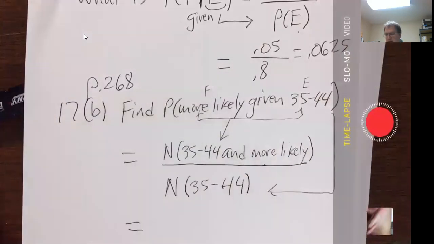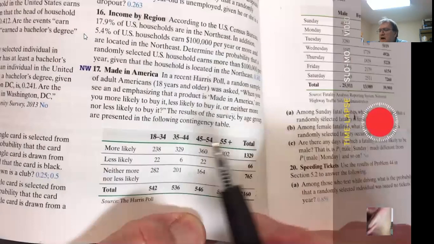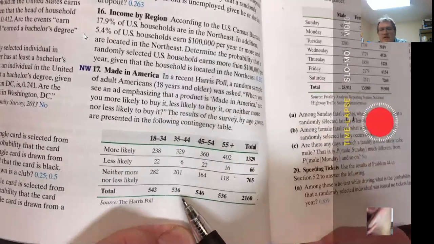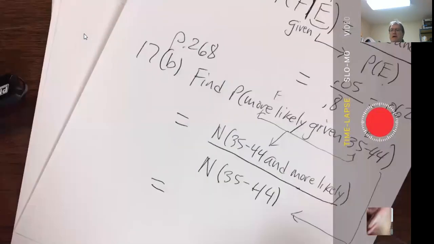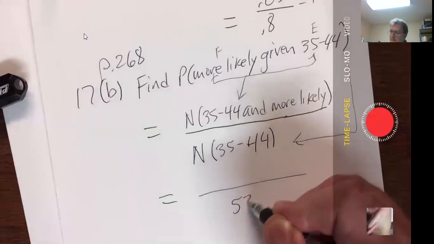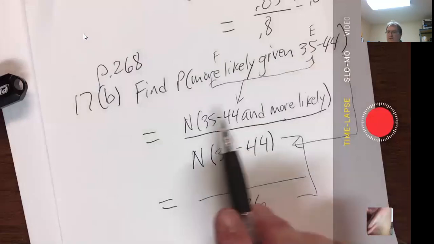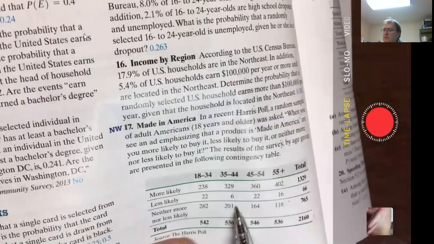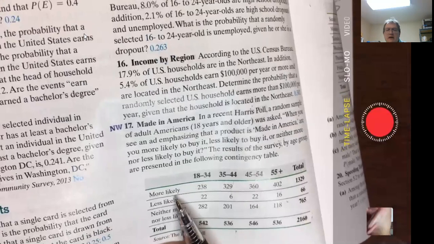So then if I run to the table, the number 35 to 44 totally is 536. The number both 35 to 44 and you're more likely, 35 to 44 would be all these three numbers, and we want to pick out the more likely.